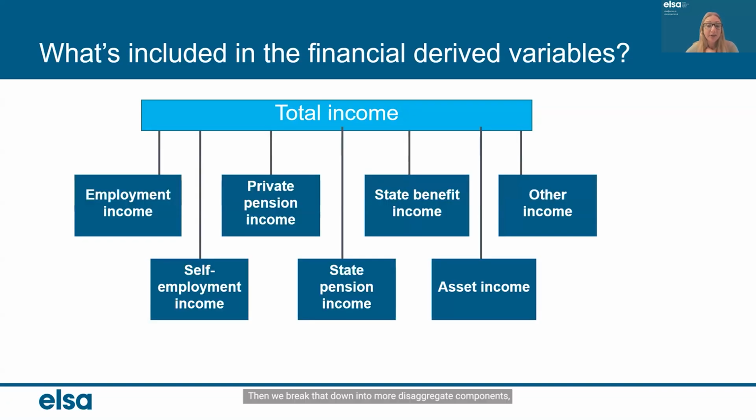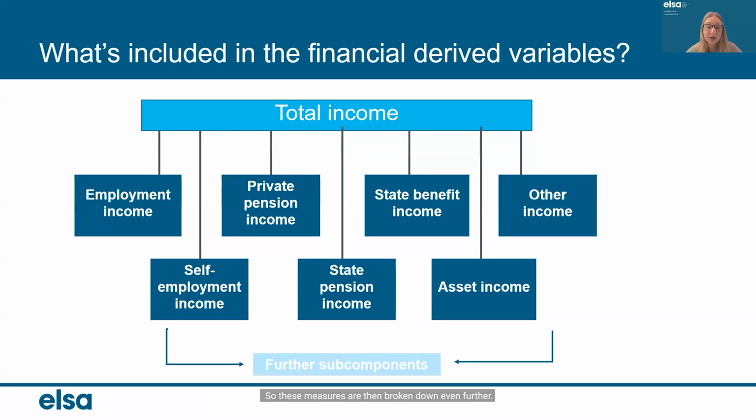Then we break that down into more disaggregate components, like employment income, private pension income, and state benefit income, and these correspond broadly to components of income that are used by the Department for Work and Pensions in their inequality statistics, for example. These measures are then broken down even further. For example, state benefit income can be split into the individual benefits that people might receive. Employment income can be split into the main job and second job components.